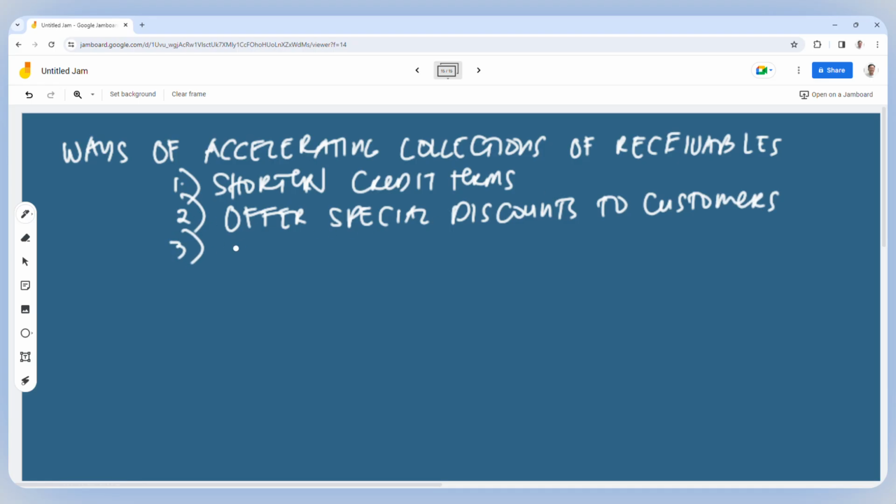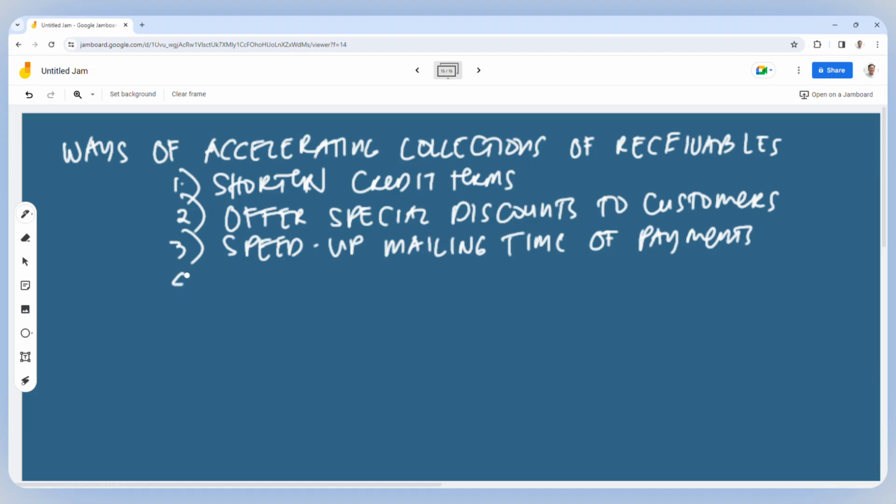And number three, very important here is to speed up also our mailing time of payments, no? Mailing time of payments. Yan. As much as possible, mas maganda, no? And number four is to minimize our float. Yes. Okay? Minimize our float para at least you can be able to collect on time.